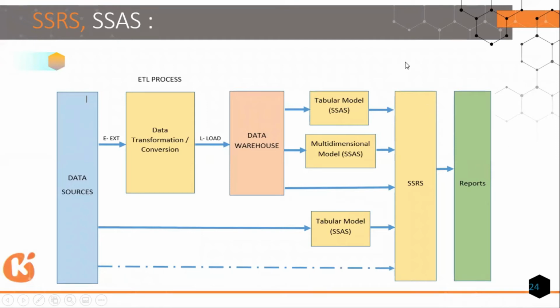But nowadays data warehouses are optimized and giving good performance, so we don't need analysis services. So reporting services, SSRS, is replaced by Power BI, and analysis services is also not much used. Mostly used is this one, the integration services part. Okay.